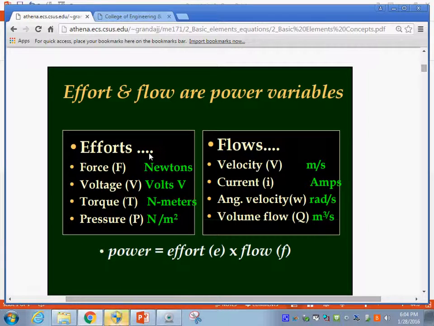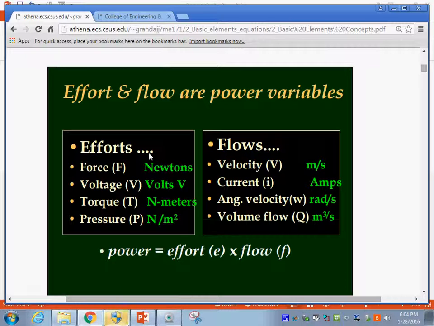In the electrical domain, you measure in volts and also in amps. The torque in newton meters and the angular velocity in radians per second. Pressure in newtons per meter square and the volume flow rate in meters cubed per second.